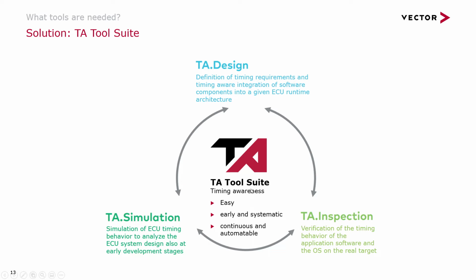The TA design allows you to define requirements, and it allows you to analyze in a graphical way the overall architecture of your system. So you can see which tasks you have in the system and which runnables are mapped to these tasks and how these tasks interact with each other.